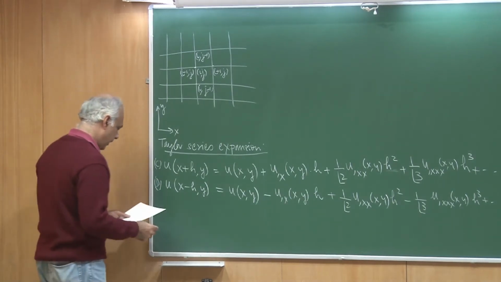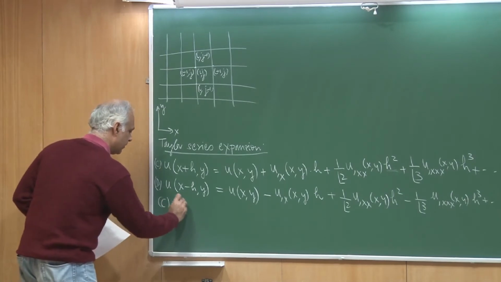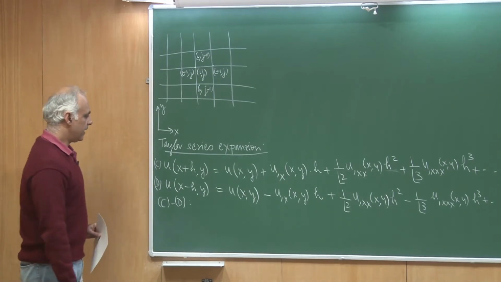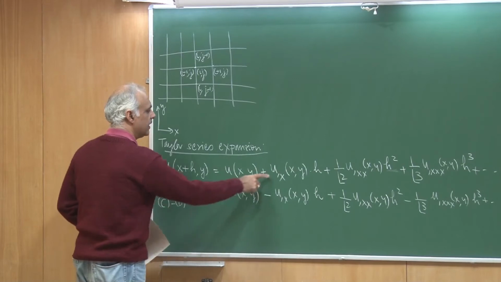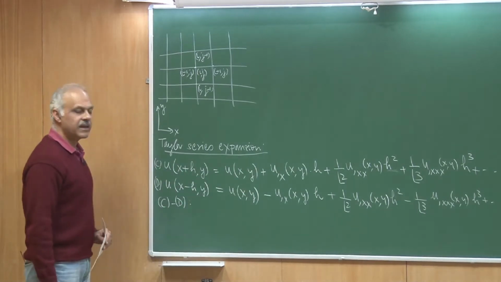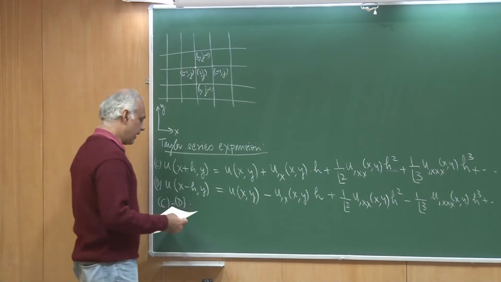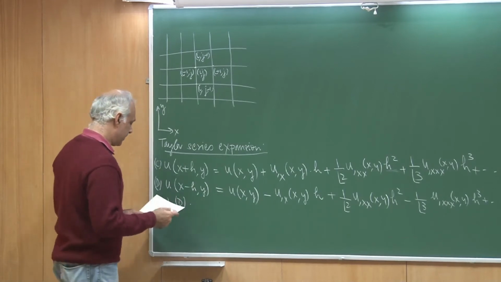If I do C minus D, then you will notice I will be able to get rid of these values, and I should be able to estimate what is my slope u comma x. So I will also take an approximation by dropping my higher order terms.